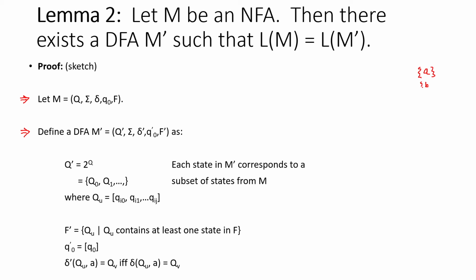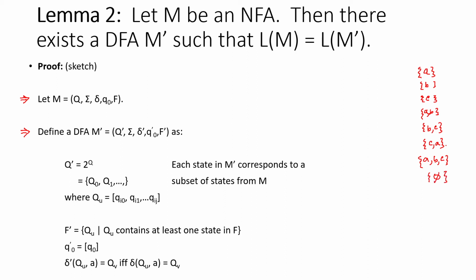B is another state, C is another state, AB, A comma B, is another state, B comma C is another state, C comma A is another state, A, B, C as a whole can be another state, and obviously phi is also possible.